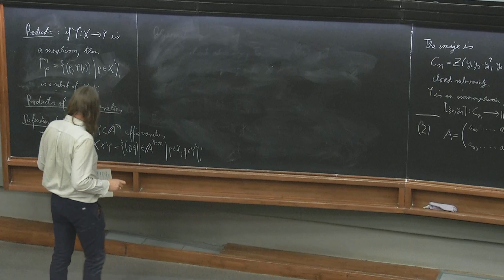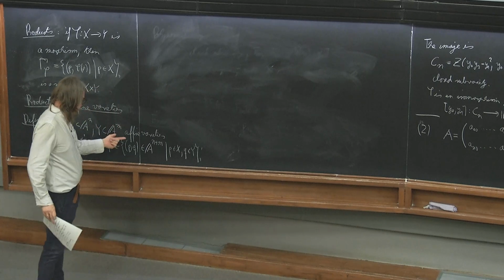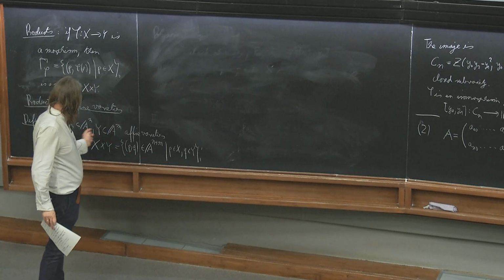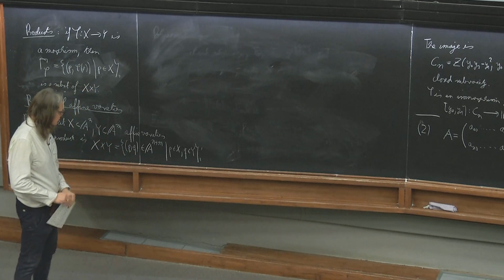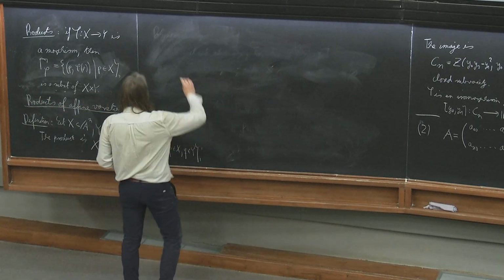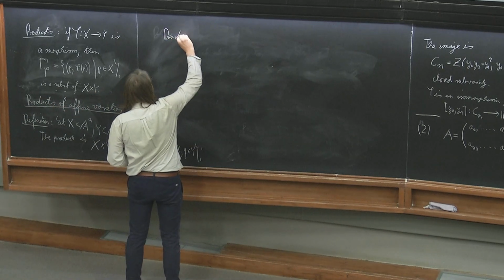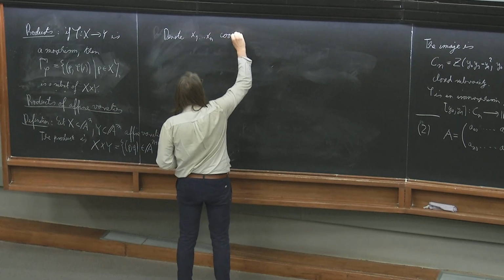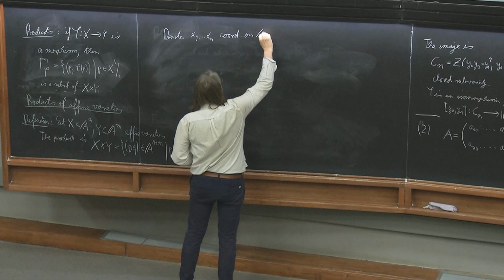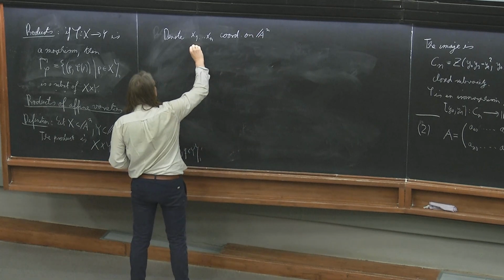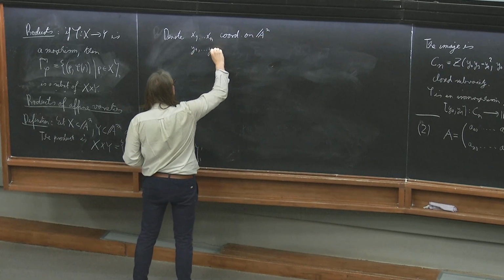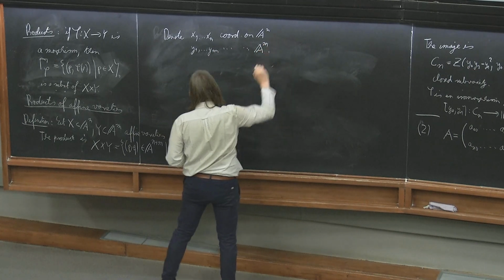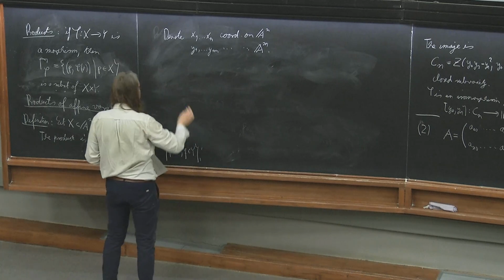Now we want to first see that if these are affine varieties, so if these are closed subsets, this will be closed, and if these are both irreducible, then this will be irreducible. So denote x1 to xn the coordinates on the first factor An, and y1 to ym the coordinates on the second factor Am.